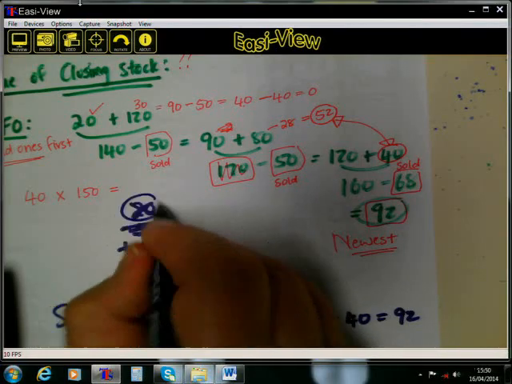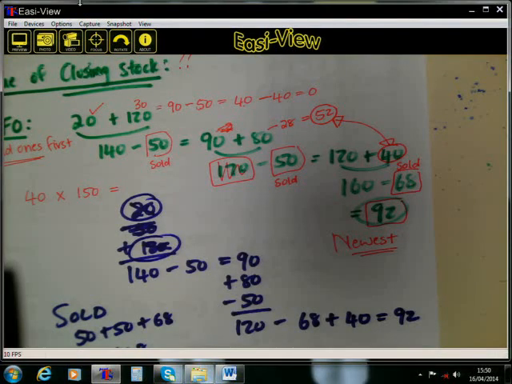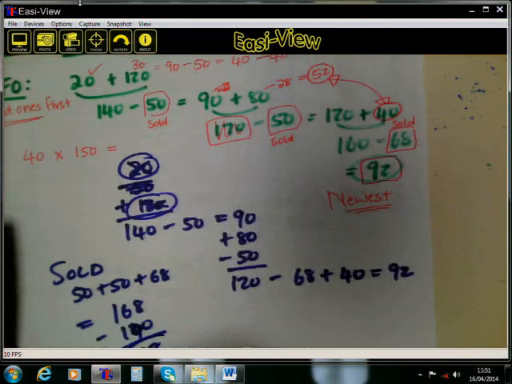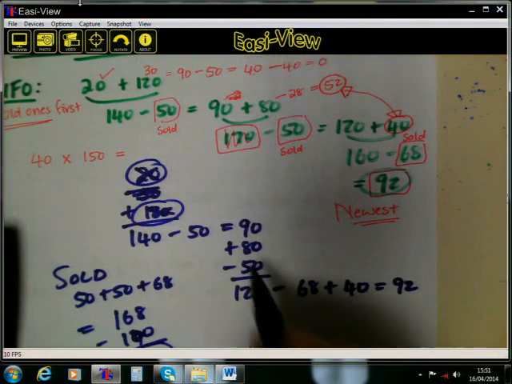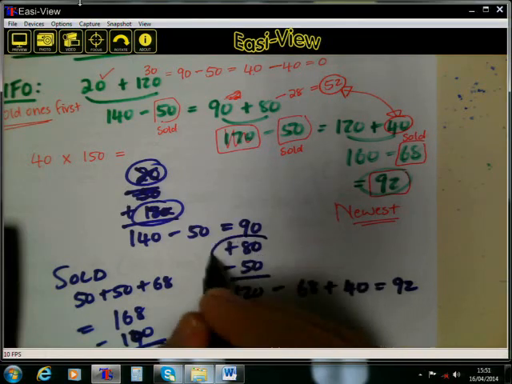So that 20 there and that 120 there we sold. So 168 minus the 120, the 140 old ones, gives you 28 that we also sold, and that 28 was of that 80 that we bought there.